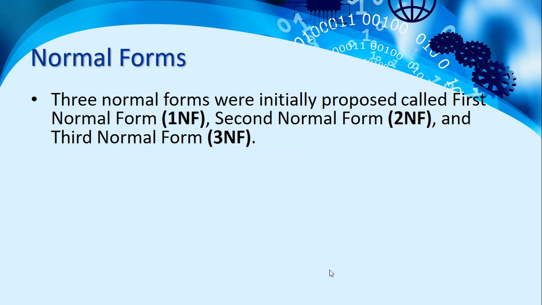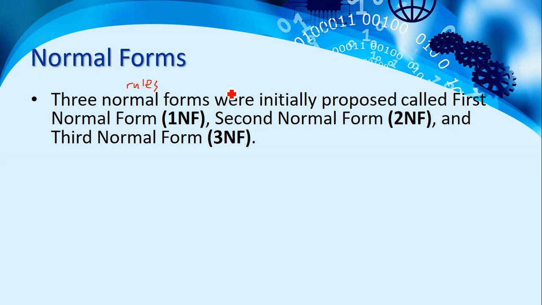Okay, so we have here, na-mention ko doon in the first part, the normal forms. So itong mga normal forms, ito yung mga rules that we will use in testing our tables.